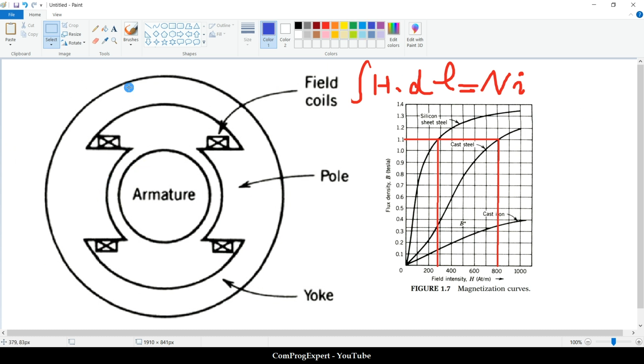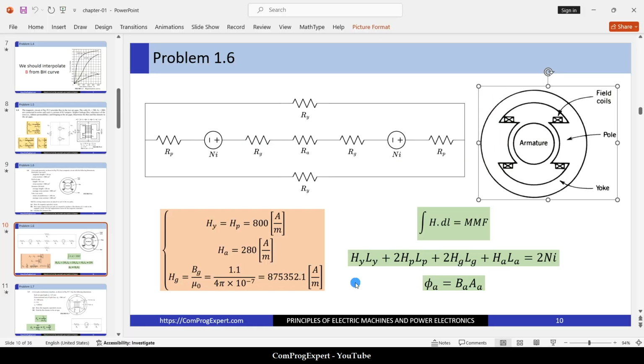I am going to consider this flux line. This is in the middle of the stator yoke. So, if we consider this integration path, to calculate integral of H dot dl, we can use this equation.